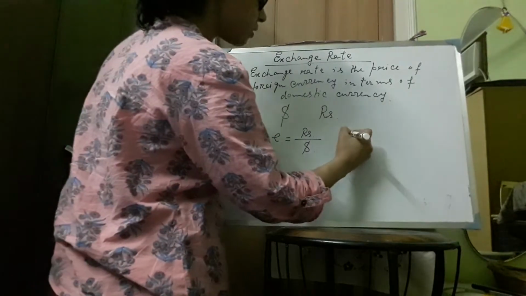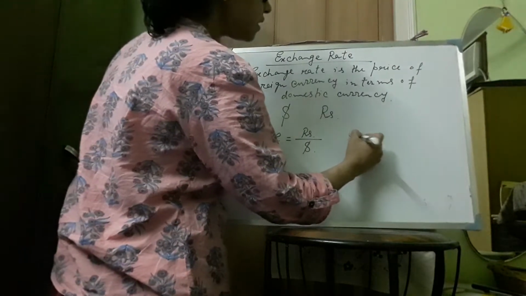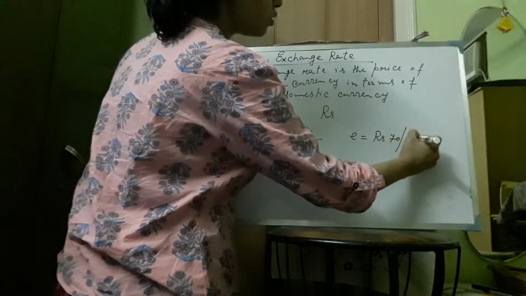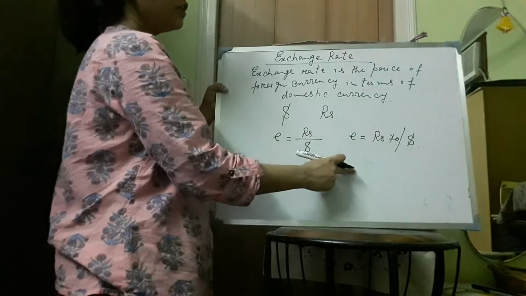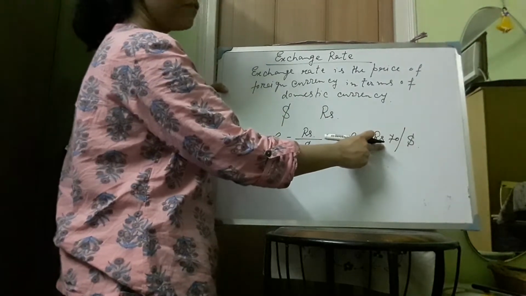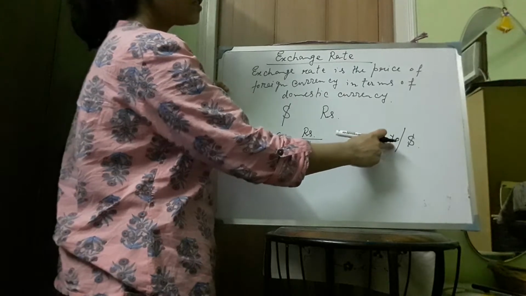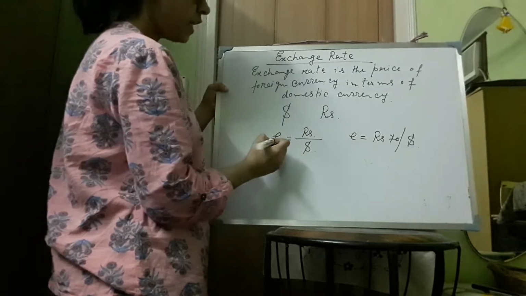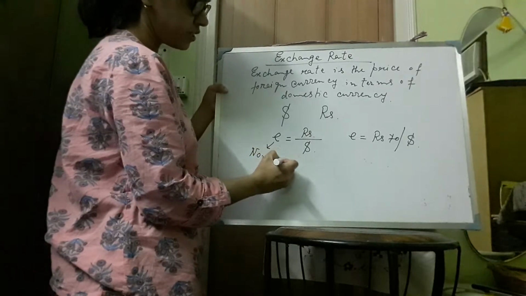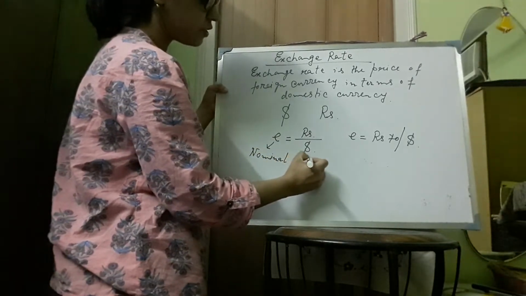So if we say, for example, that E is equal to rupees 70 per dollar, that means the price of $1 in terms of domestic currency rupees is 70. And this is called the nominal exchange rate.